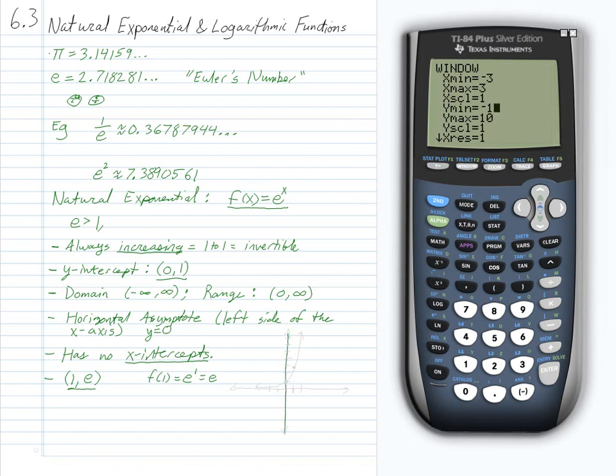So, if I draw out my axes, I'll label a few tick marks. Let's say 1, 2, 3, -1. So, remember our y-intercept will be at (0, 1). We'll also pass through the point (1, e).